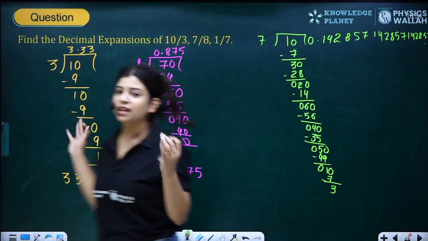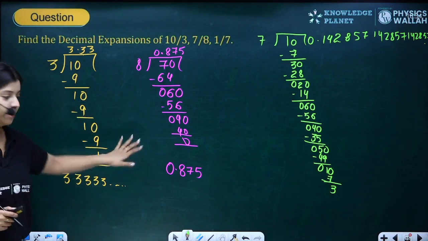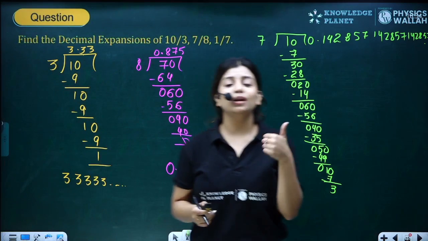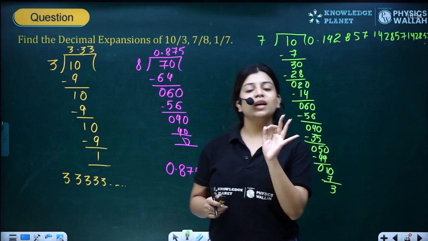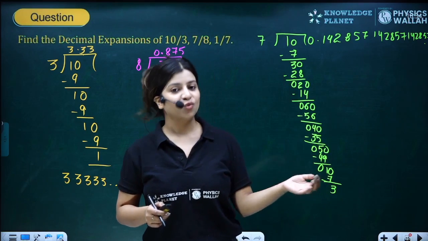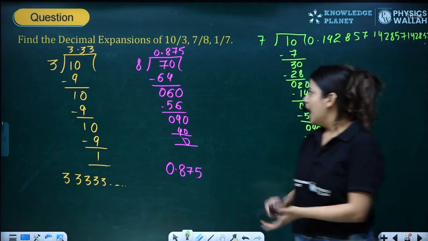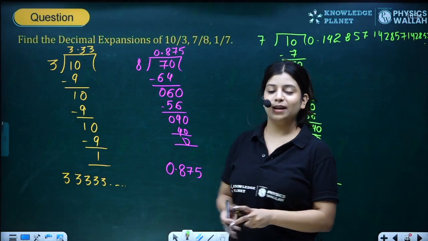Now just see these three types of decimal expansion very carefully and study them. In the very first decimal expansion, we can see that only one number is repeating itself, that is 3.33333333 and so on. Over here we can see that none of the numbers is repeating and we are getting the remainder as 0. So this is one kind of decimal expansion.